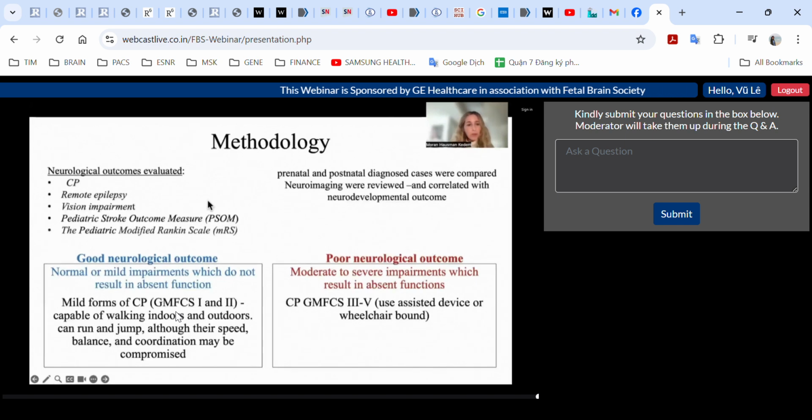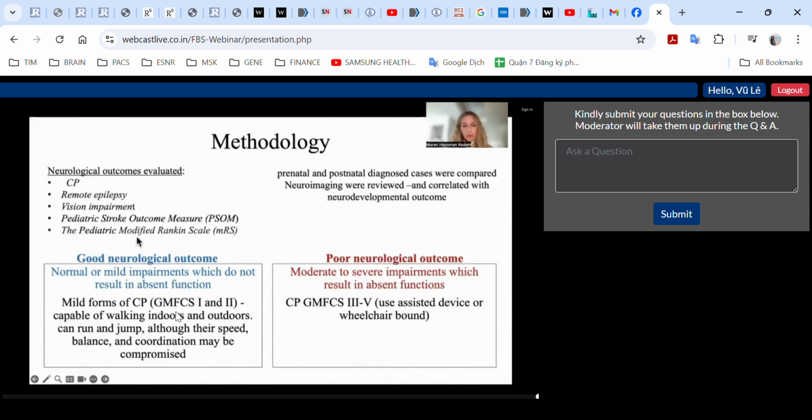We also calculated a pediatric modified ranking scale, and we then further classify the neurological outcome based on PSOM according to severity, and this was based on a real-life functional status.